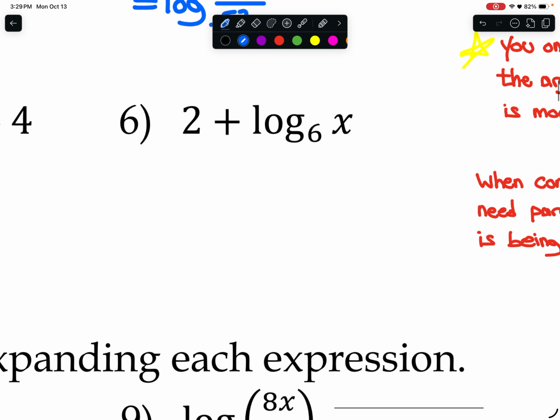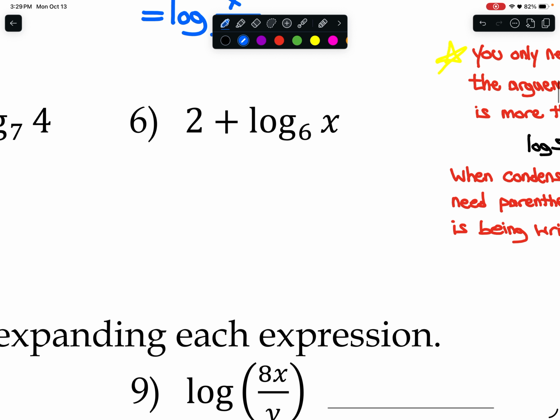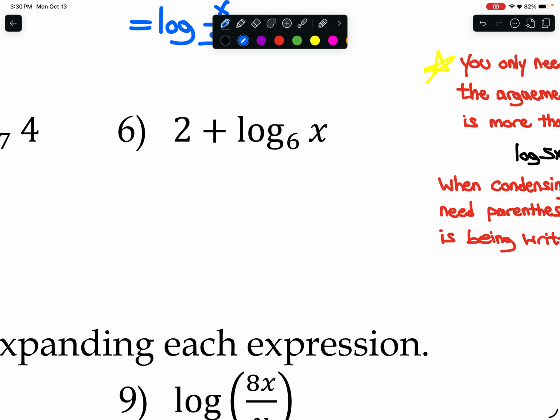Okay, and then this one right here is going to be a little bit more tricky, and that's because we don't have the same base of a logarithm over here. So I need to include a value over here that has a log base 6. So I'm going to rewrite this as 2 times 1, which I know, hear me out, it's going to sound insane, plus log base 6 of x.